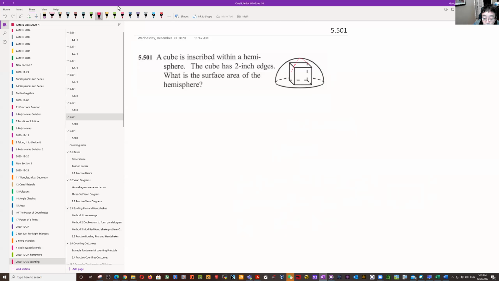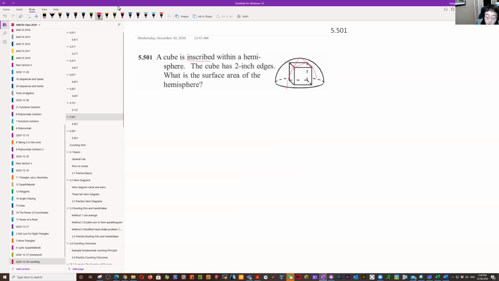The key is that you have to do it this way, because if you cut the semi-sphere diagonally, the tip of this is inscribed.